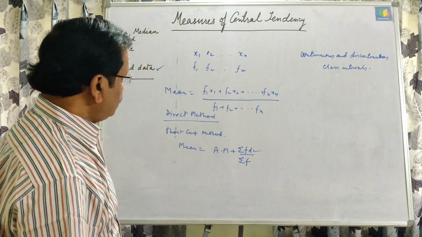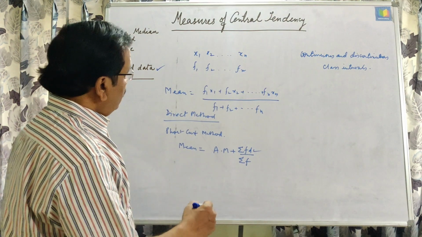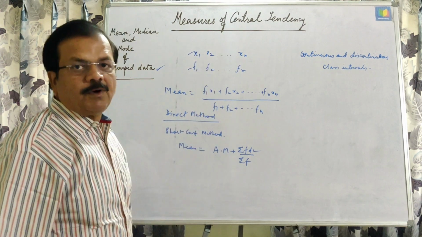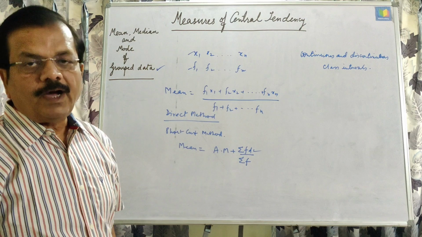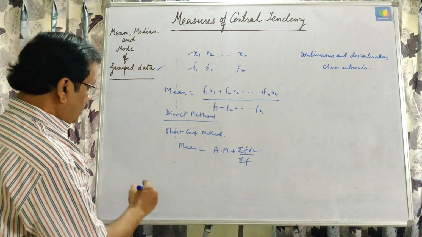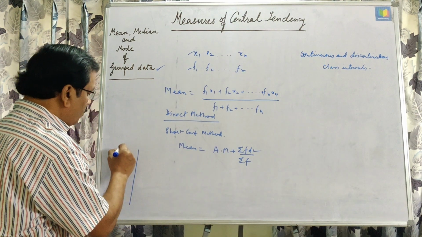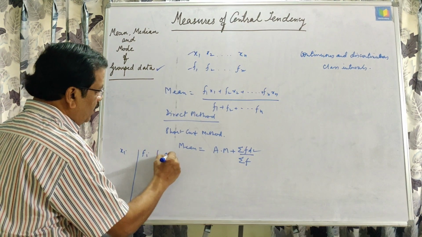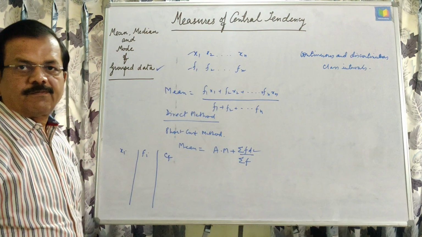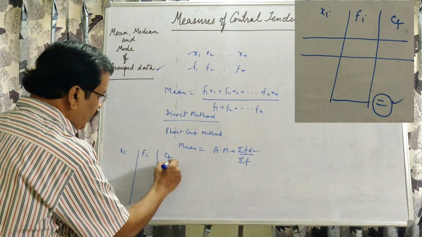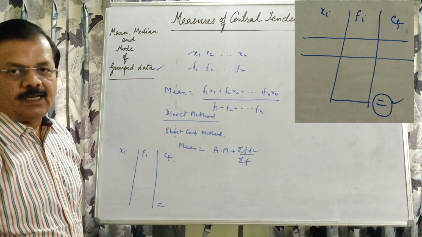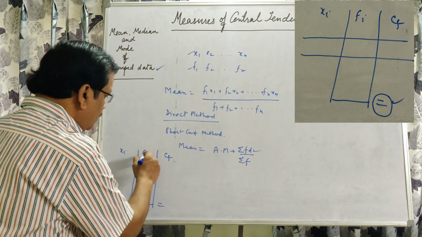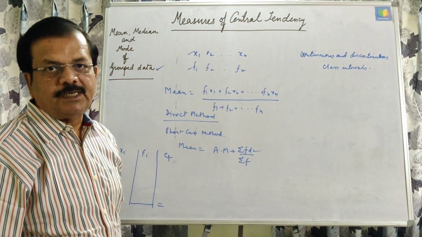Okay. Now in the case of this type of question, how to find median? For median, we'll draw three columns. First one xi, then fi, and then cumulative frequency CF. After finding CF, the last value of CF will be equal to the summation of all frequencies.